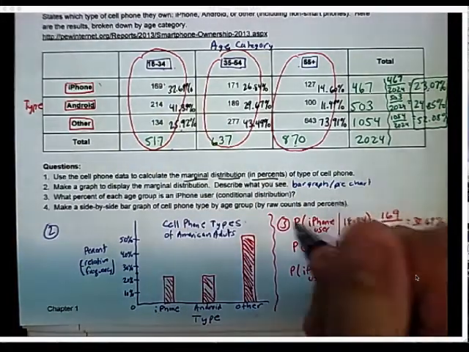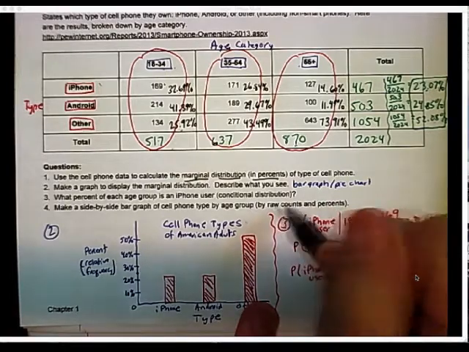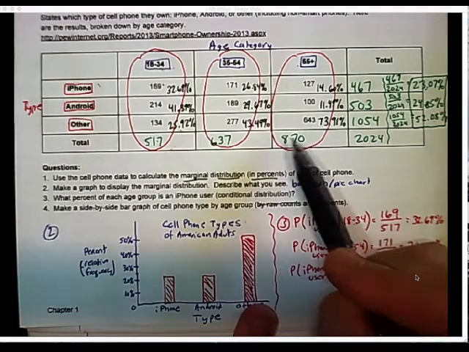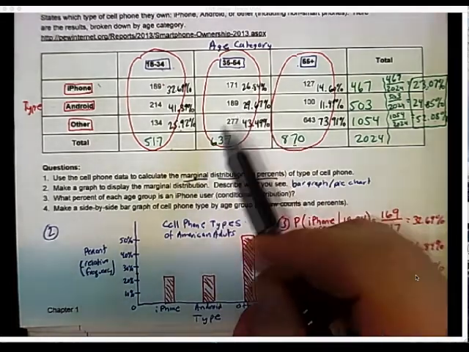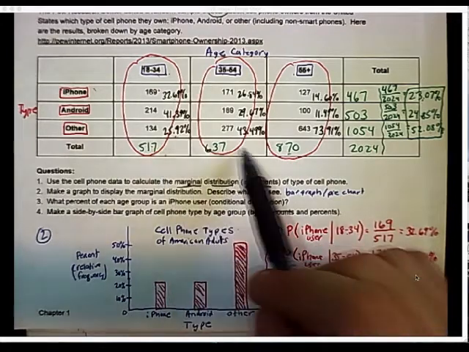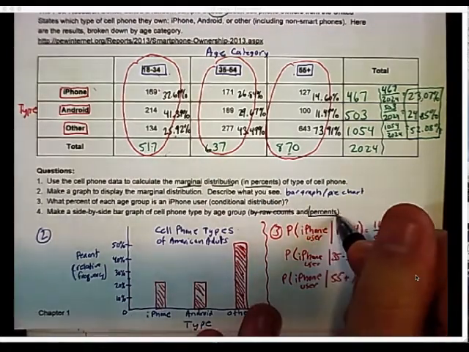So it doesn't make sense when you do side-by-side bar graphs to do it by raw counts unless all of these totals were the same. If all the totals were the same, then the relative percentages would be the same way. Only if these numbers are the same should you ever do it by counts. You should always do it by percents.